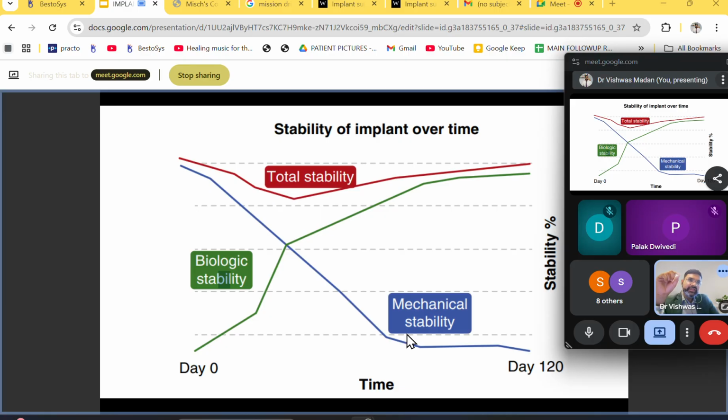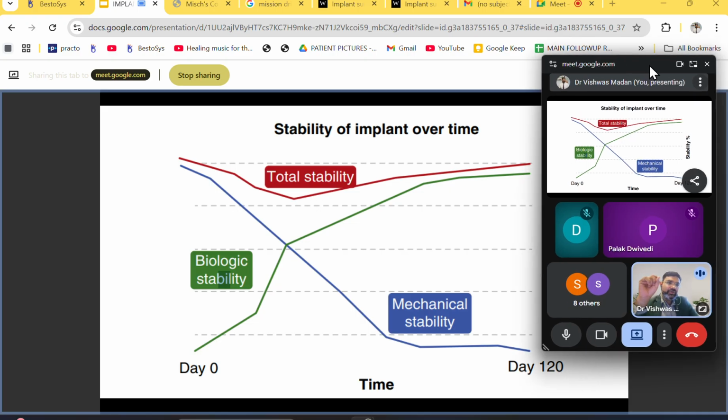But if you have drilled a hole which is almost matching the size of your screw, then you will have some predictable stability. If you have drilled a hole which is smaller than the size of the screw, then what will happen? You will really have to force and apply a lot of pressure to put that screw into the cement wall, right? So at that time, what can happen?